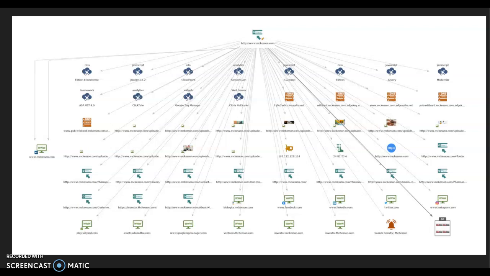McKesson is a big player in the pharmaceutical industry. Using the domain of the organization, with the help of Maltego, I was able to draw out relevant information that will help any pen tester plan his or her attack.